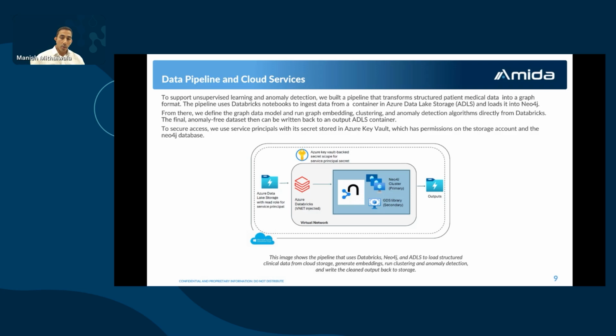We can generate embeddings using one of the graph algorithms that we just talked about from the Graph Data Science Library, and then analyze the results in Databricks for clustering and anomaly detection. Any final data sets that we need, such as cleaned-up data, anomalies, or other artifacts such as clusters or outliers, can be written back to cloud storage as we would like.